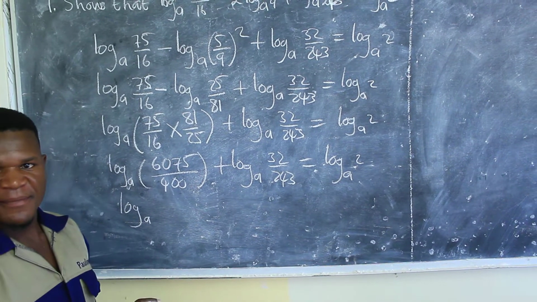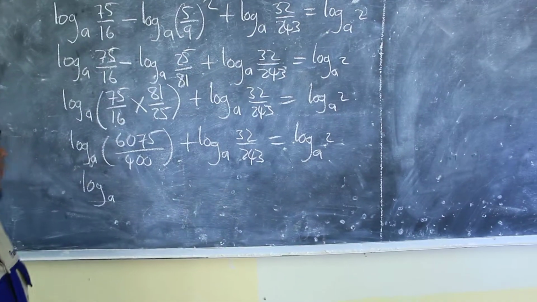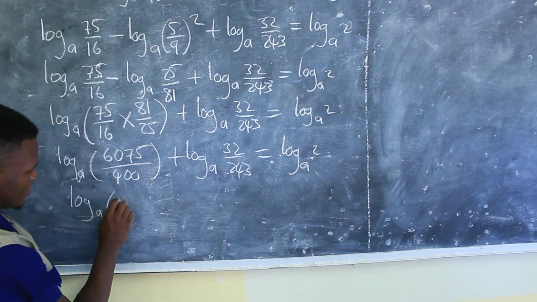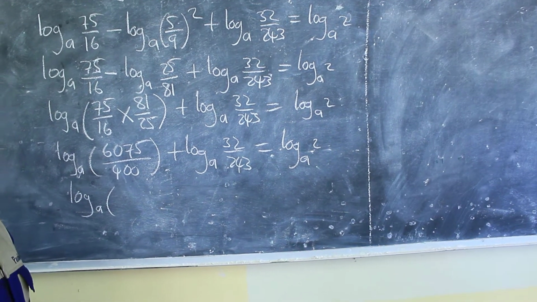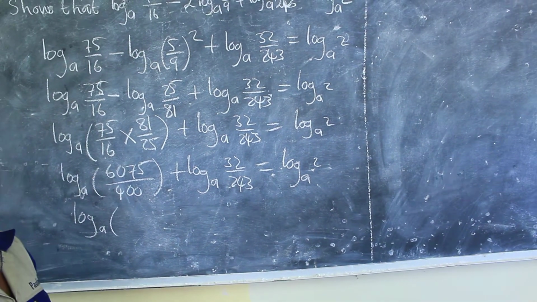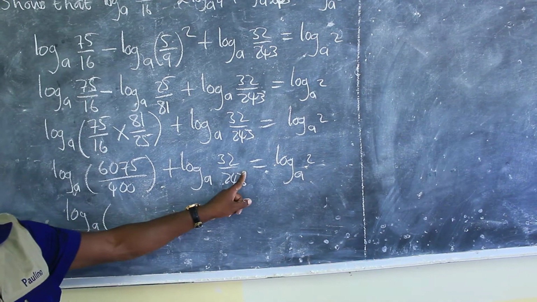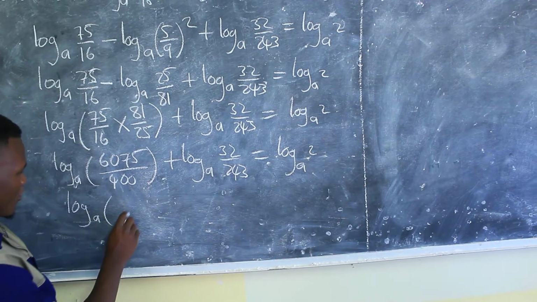6,075 out of 400, what fraction do you get? It should be a fraction, because we have another fraction here. Is it 1,215 on top?